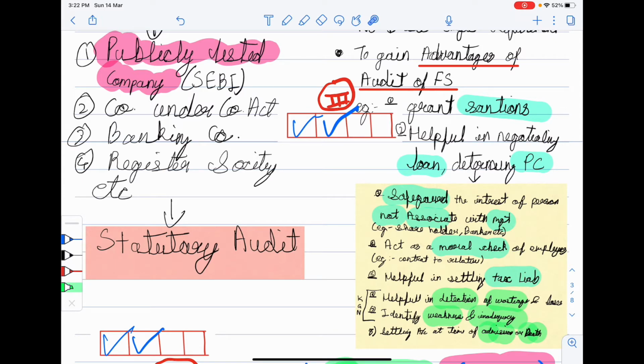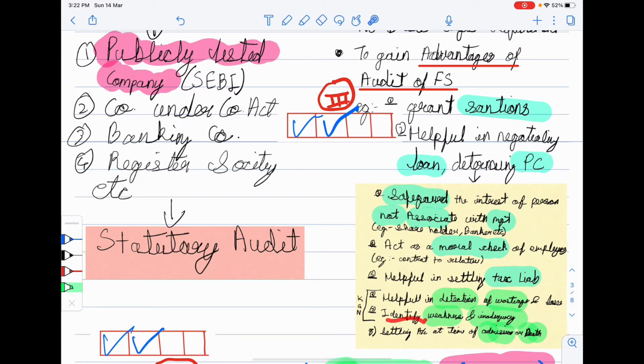While performing business, we will check whether employees are doing any kind of fraud. So we'll keep a moral check of employees. Then after performing business, we will earn profit, and if we earn profit, we need to pay a tax liability. So we will settle tax liabilities, and then further we also need to do good business. So we will detect wastages and losses in our business.